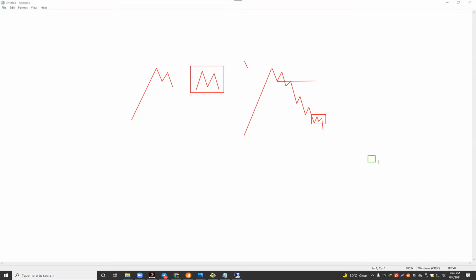At the bottom, it is a reversal candle, right? But if it appears here, then what will you use? It's a continuation sign, right? So from a chart pattern, this confirms the trend has changed, right? And this confirms the trend continues again.